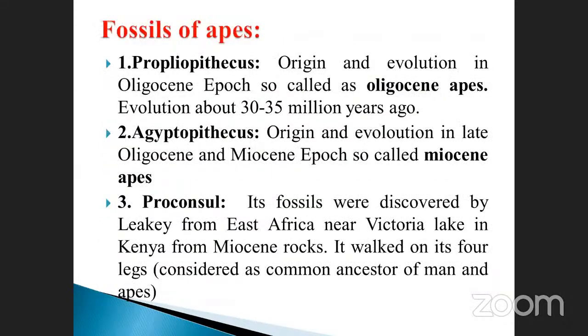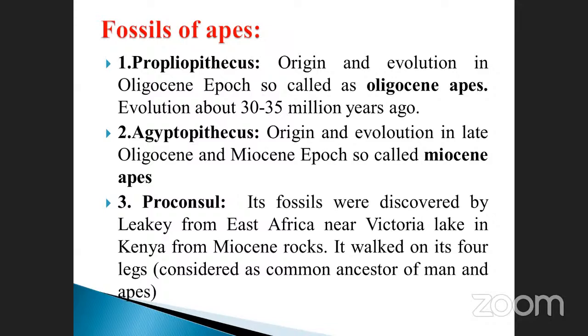See, fossils of apes. Propliopithecus. Listen here. Propliopithecus. Origin and evolution in the Oligocene epoch. Evolution about 30 to 35 million years ago. This is called the first one.